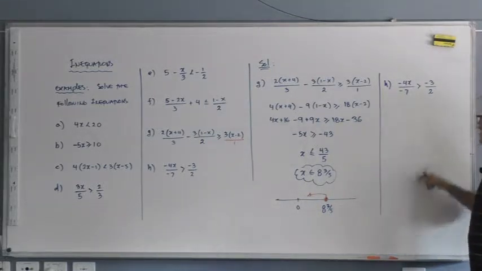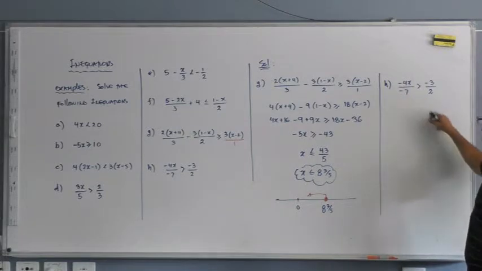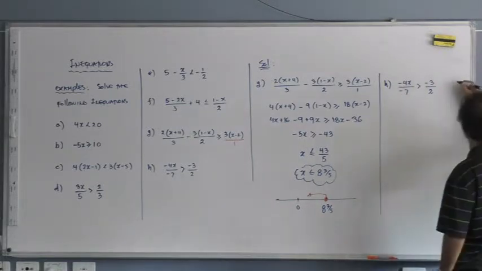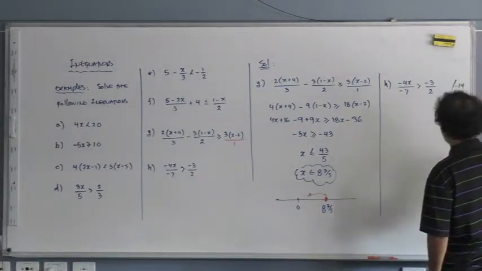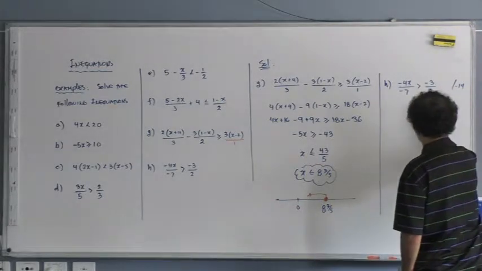Pay attention. What is the lowest common denominator between negative 7 and 2? Negative 14. So we are going to multiply by negative 14. From the moment that you multiply by negative 14, you have to switch this around.